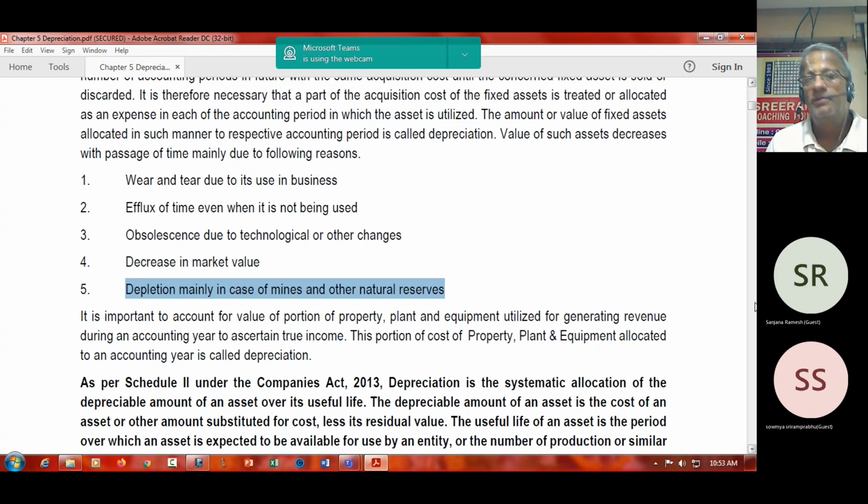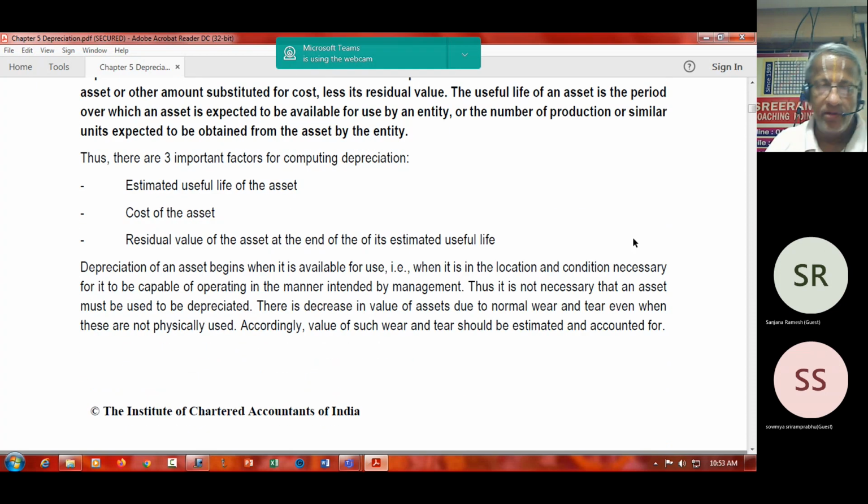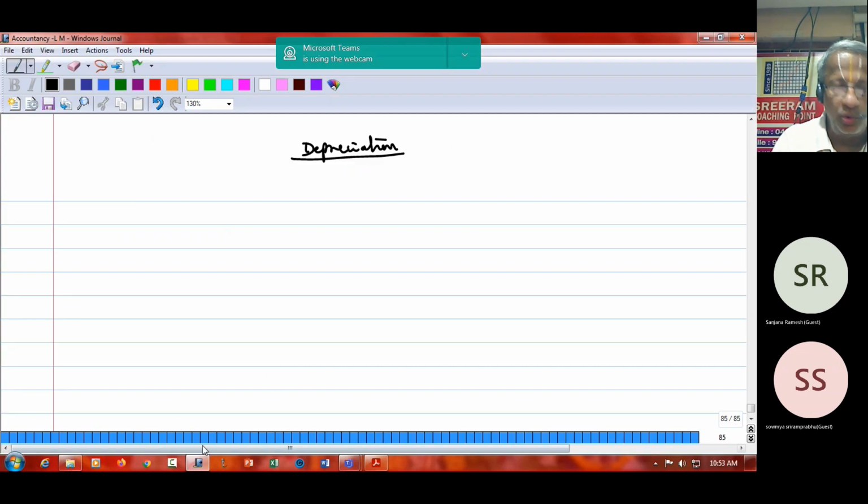That is production. As much as you use, that much value it drops. If you don't use, you will not have depreciation at all. These are the factors which will cause depreciation. Correct? Yes. So, depreciation cost.